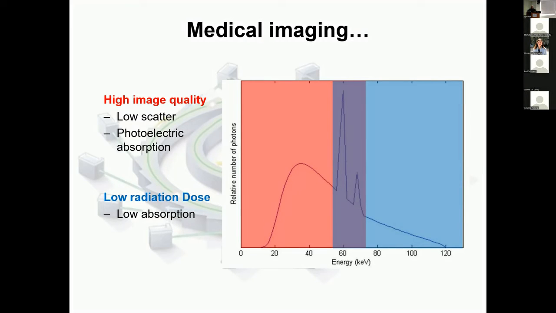At the same time, we have low radiation dose, in other words, low absorption, in the right part of the spectrum. So we can see that in the middle part of the spectrum, we can have a compromise.